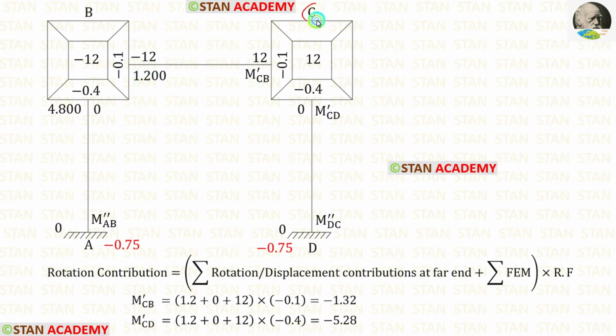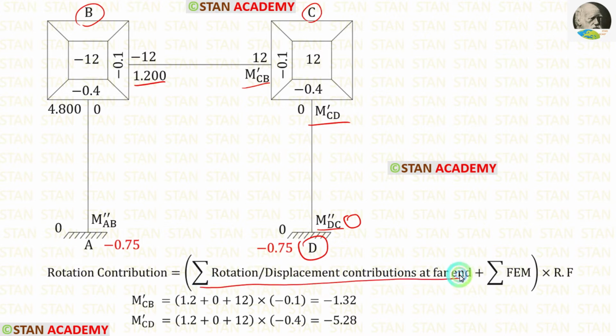Now in the joint C, let us find the rotation contributions. For the joint C, the far ends are the point B and the point D. In the point B, we have the rotation contribution 1.2. In the point D, initially M double dash DC will be 0. So for the summation of rotation or displacement contributions at far end, we have 1.2 plus 0.